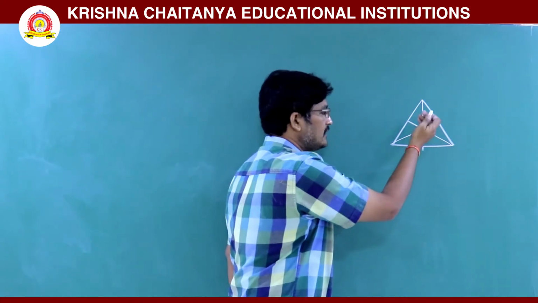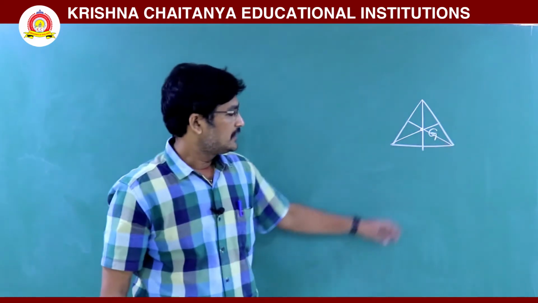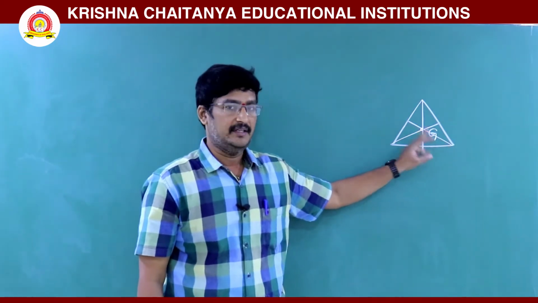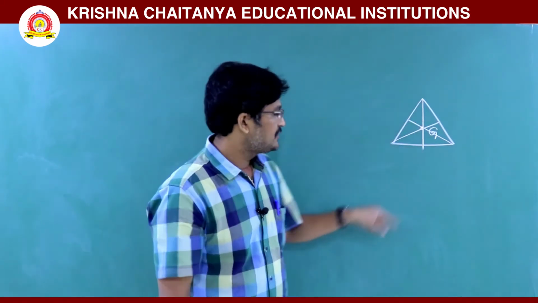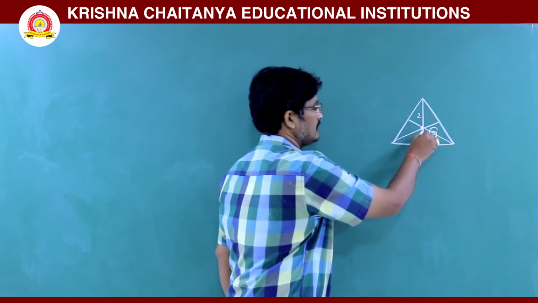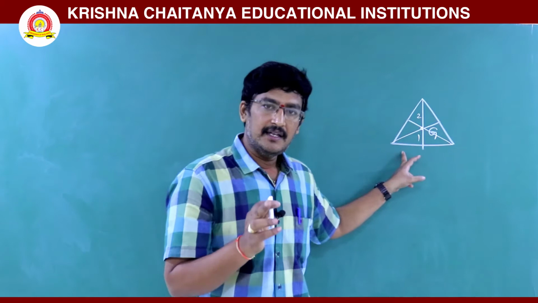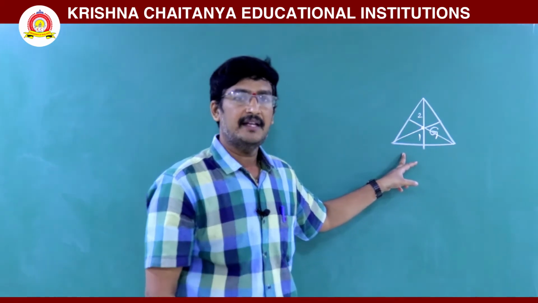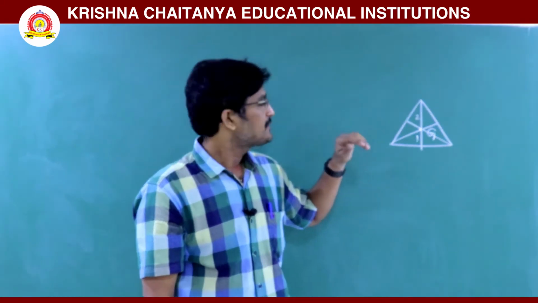The three medians are concurrent, and the point of concurrence is denoted by G, which is the centroid of the triangle. The centroid divides every median of the triangle in the ratio 2:1. That is the first note point.